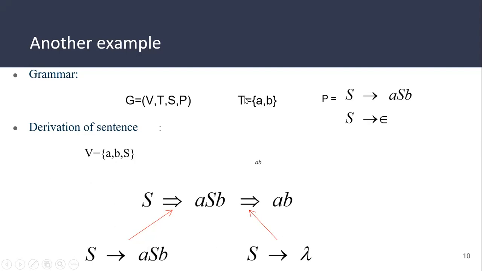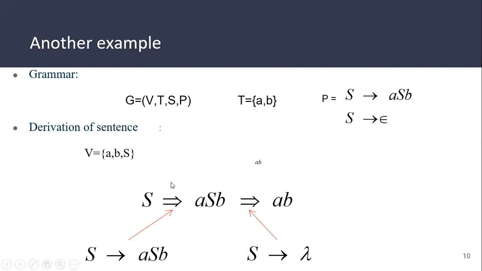So in this grammar, we have two terminals, a and small b. We also have the next production, S produces epsilon. Now P stands for the whole combination of productions: S produces aSb, and S produces epsilon. This is known as production. And S is the starting symbol of the production, so here S is the start symbol.